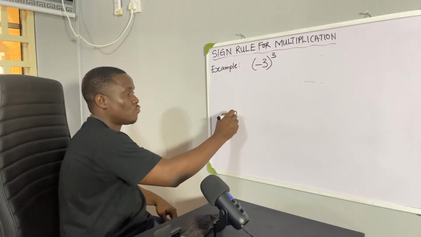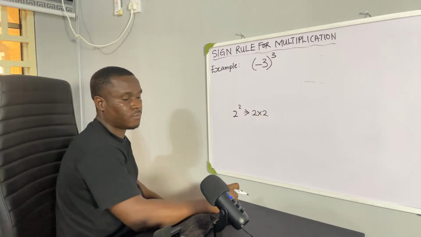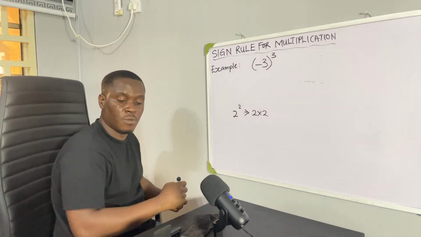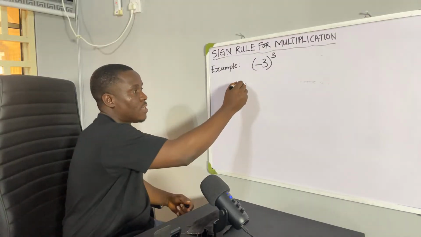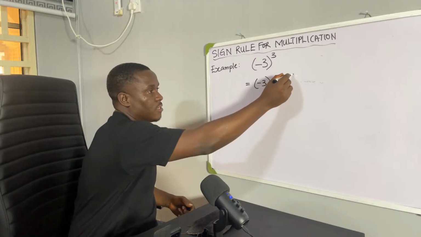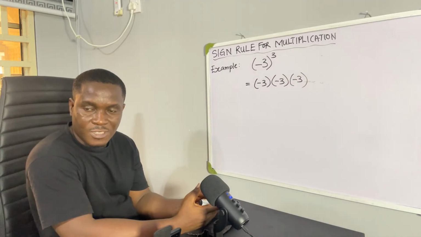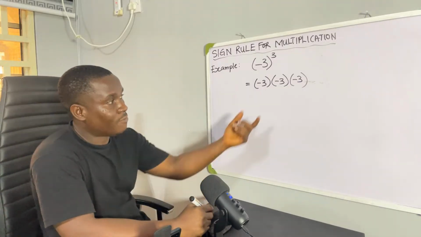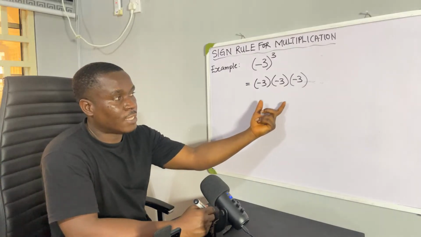So if I have 2 squared, it means 2 times 2, right? So we're going to have negative 3 times negative 3 times negative 3. But we cannot multiply all 3 values at the same time. So we have to multiply the first 2, get our answer, and then use that to multiply the last one.